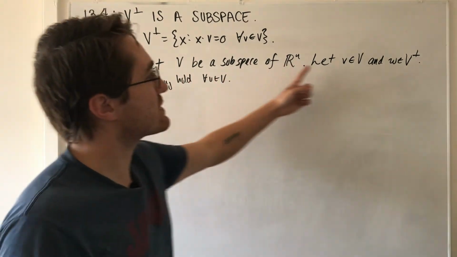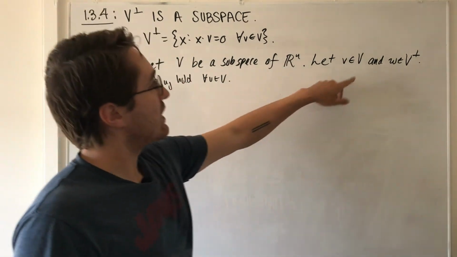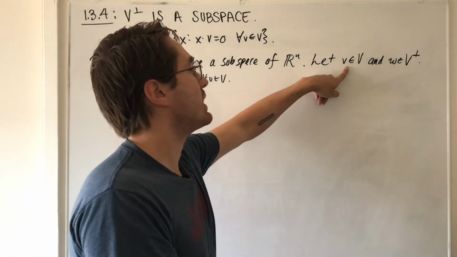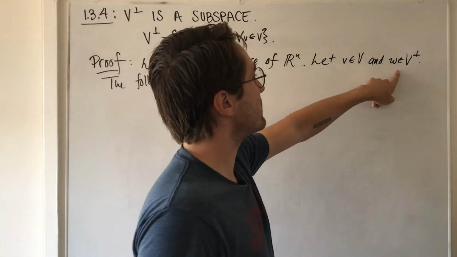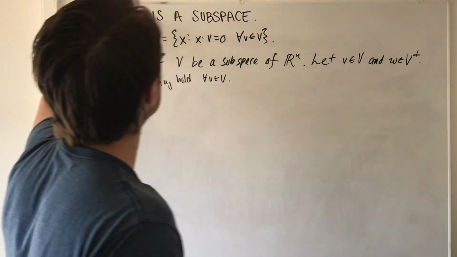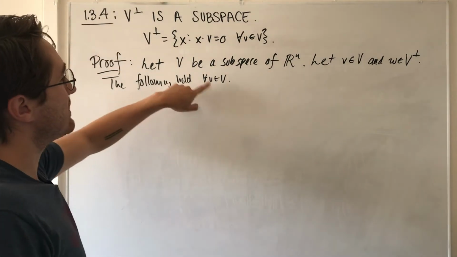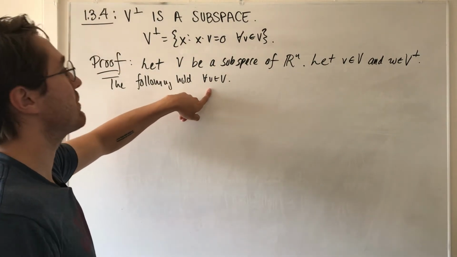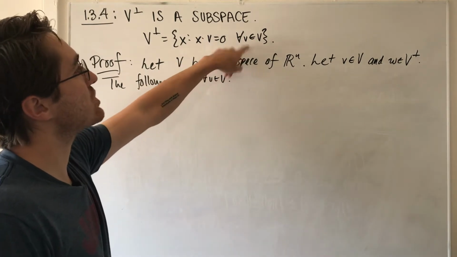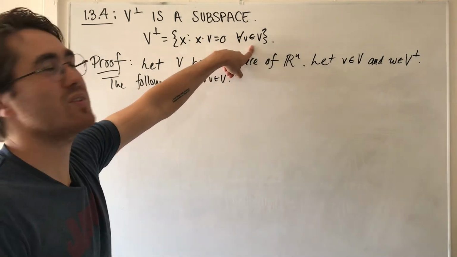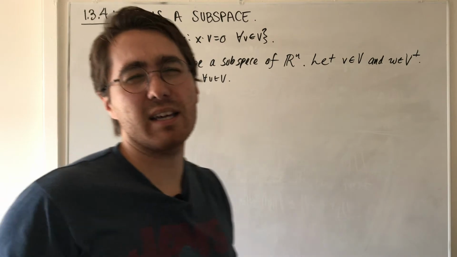We just gave ourselves something to work with here. I have notation now for a vector in V, and I have notation for a vector in this orthogonal complement. This is just so I don't have to keep writing the statement for all v in V, because we are going to need to show that it's true for all v in V, but to write it again and again is tedious.